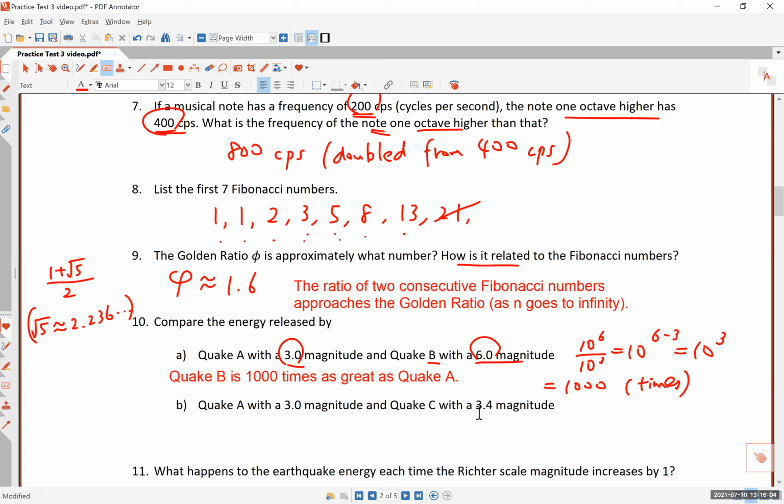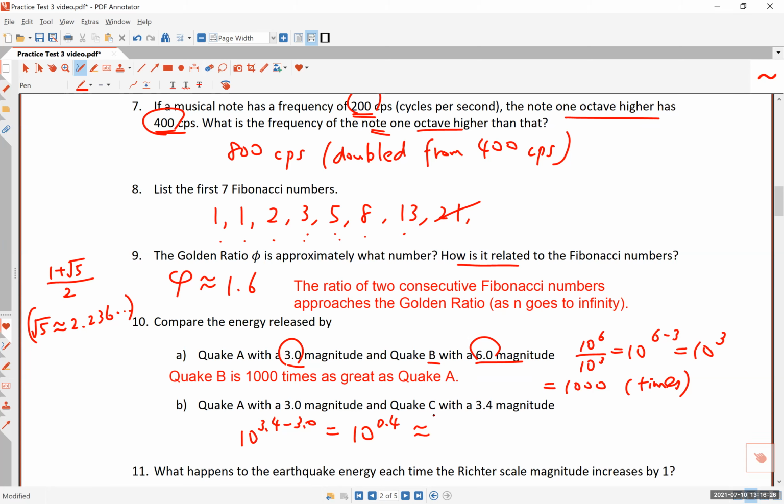And then how about a 3.4 and a 3.0? Same way. You do 3.4 minus 3.0, because when you divide 10 to the 3.4 by 10 to the 3, you get 10 to the difference, which is 0.4. Now, what is 10 to the 0.4?